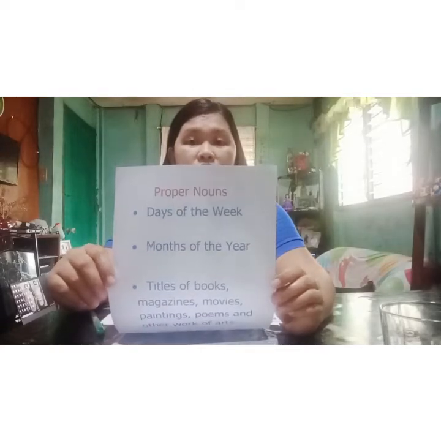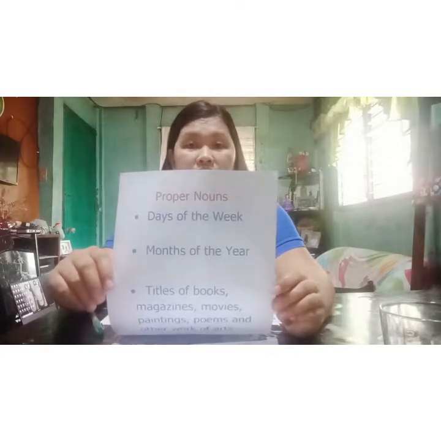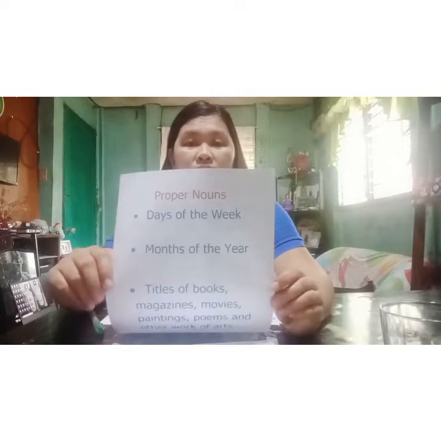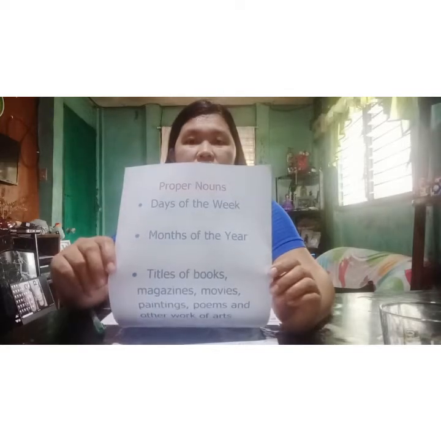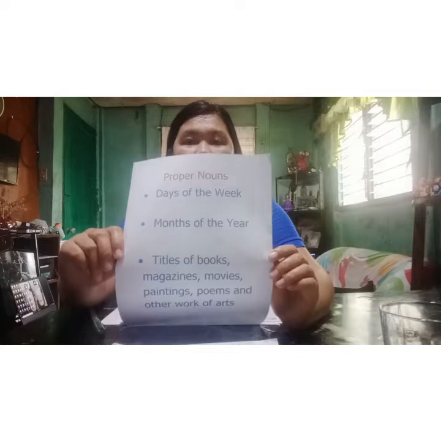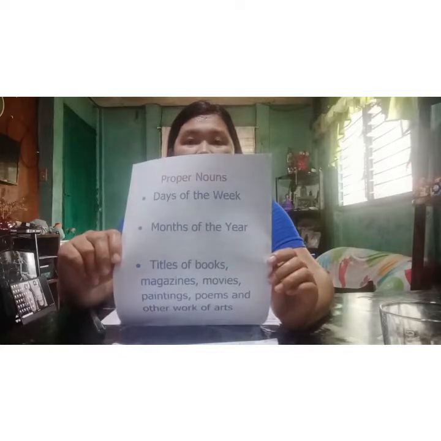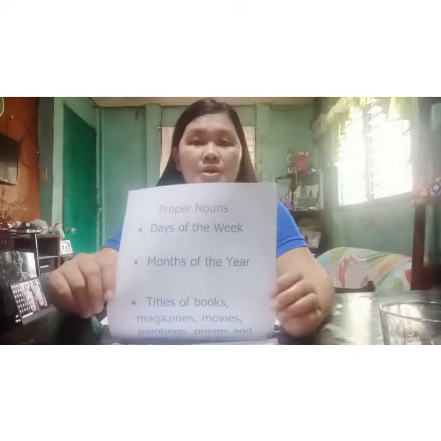If you have noticed, look at your books, if you still have your books there at home, look at the titles. Another, titles of magazines, movies, and so on. So don't forget that these are also examples of proper nouns.